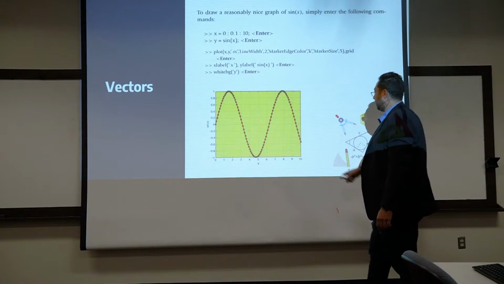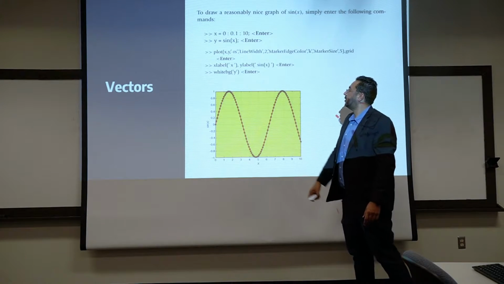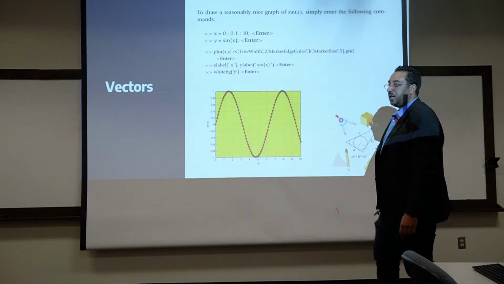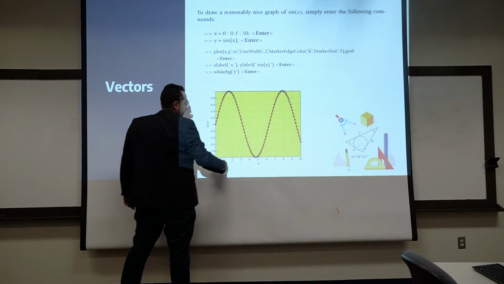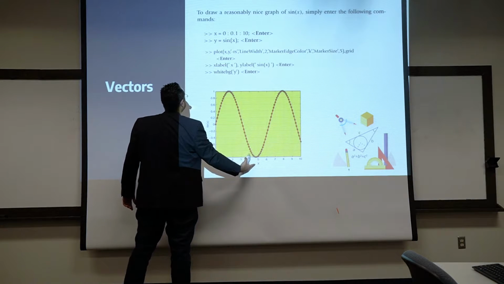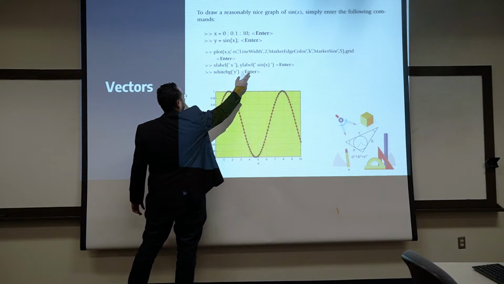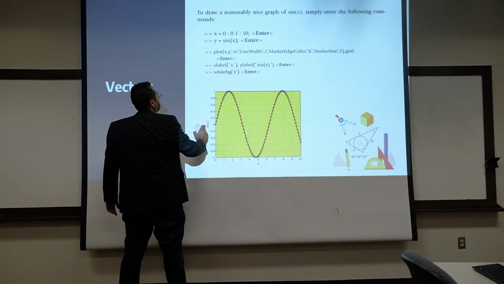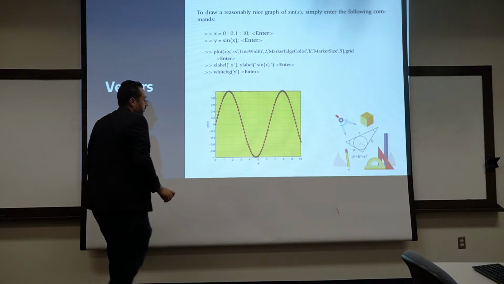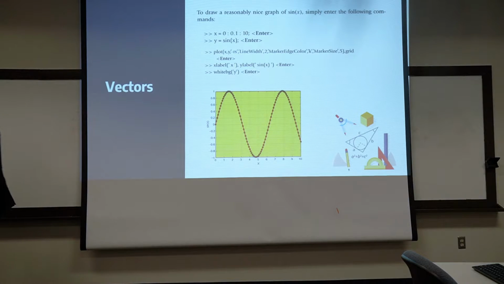Then comma grid to give you the grid for the image. Then the second line, when you say xlabel x, it means label the x axis with x, ylabel sin x, label the y axis with sin x. You good? Take your time.